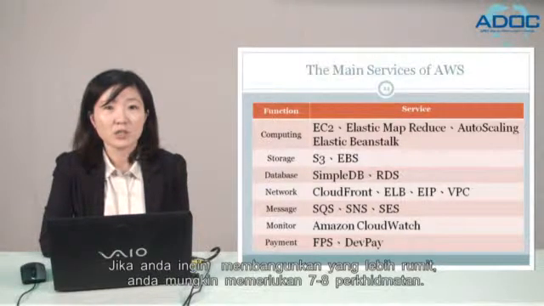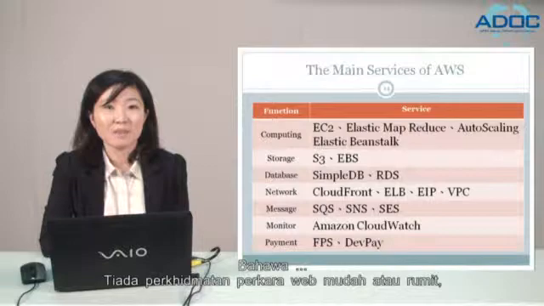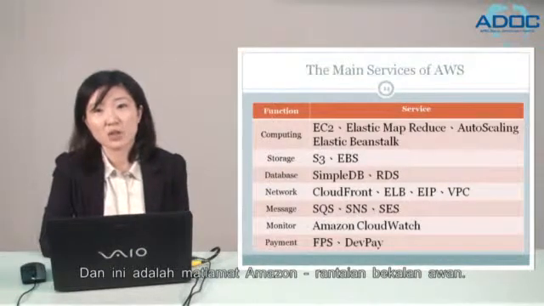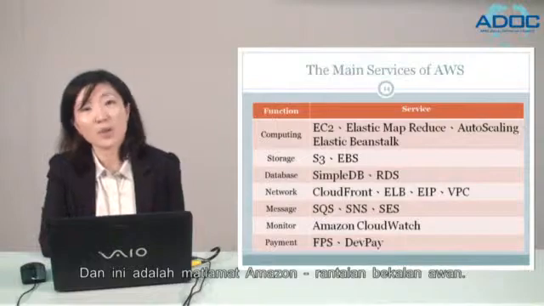If you would like to develop a more complicated one, you might need 7 to 8 services. But no matter whether the web service is simple or complicated, Amazon can satisfy all your needs, and this is Amazon's goal, a cloud supply chain.